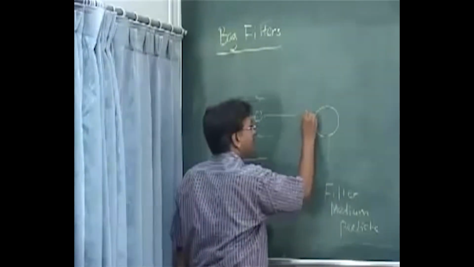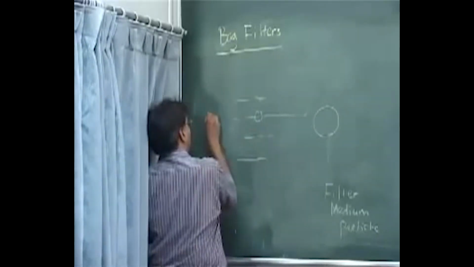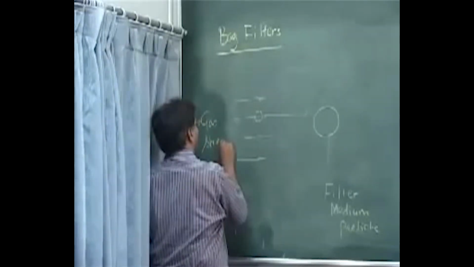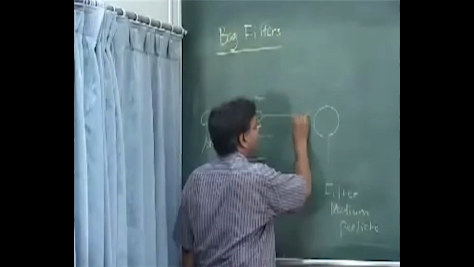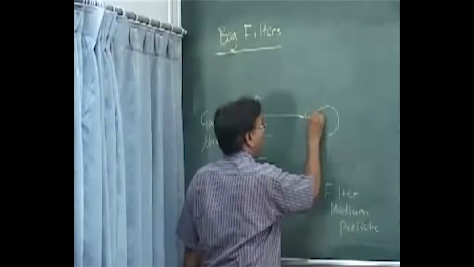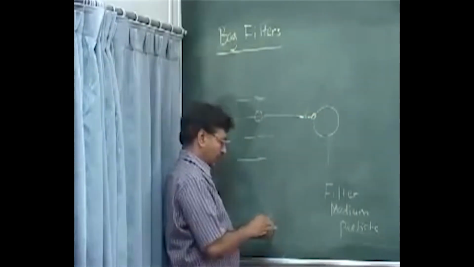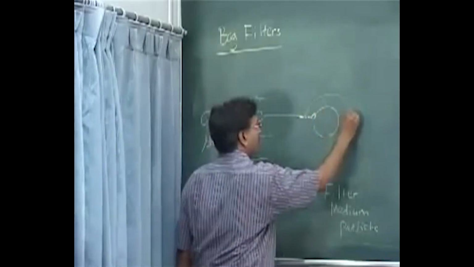The gas stream will change its path. Then this particle, because of its inertia, will leave the path of the gas and get stuck onto the fabric filter, and the clean air stream will continue to go like this.